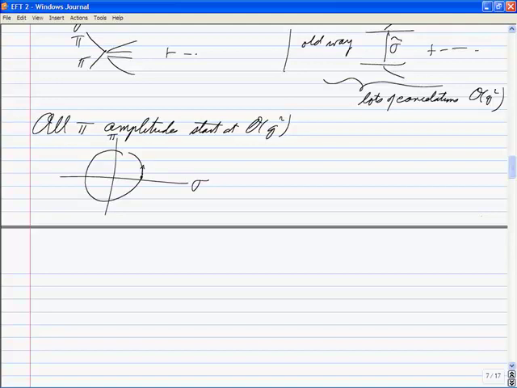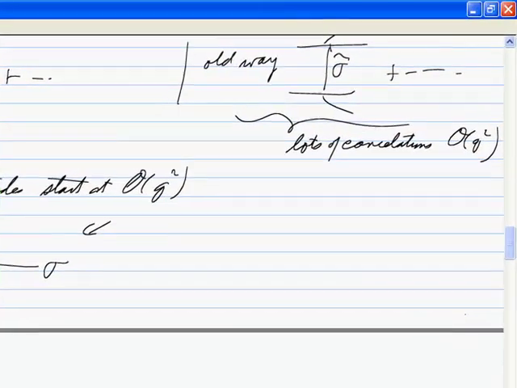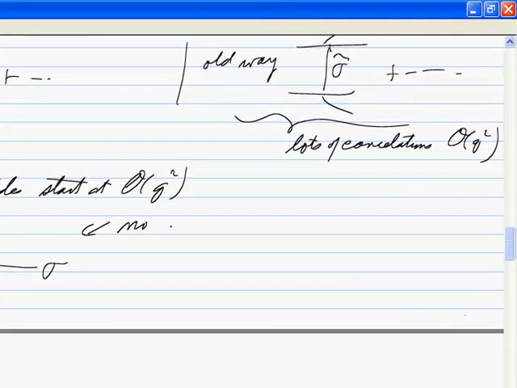This says that at all orders in pi, even pi to the fourth, pi to the sixth, pi to the eighth, there are no constant pieces. So we're going to get no pi to the n terms at all. Okay?